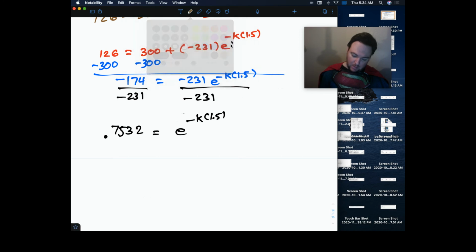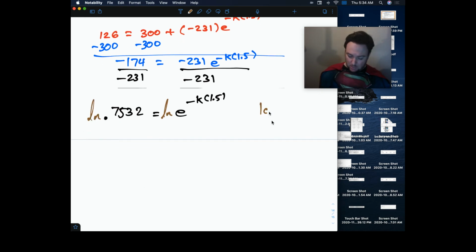important. We have to know how to play with logs. So we have e, and to get rid of e, we take the natural log, right? Now remember, natural log is just log base e. So basically using that property, natural log is log base e, and again, what does a log really mean when these two match up?